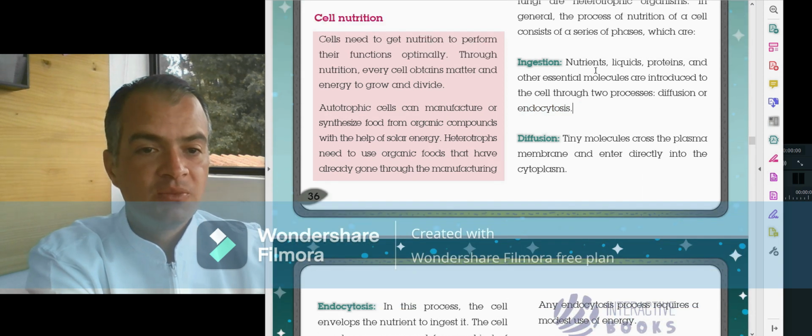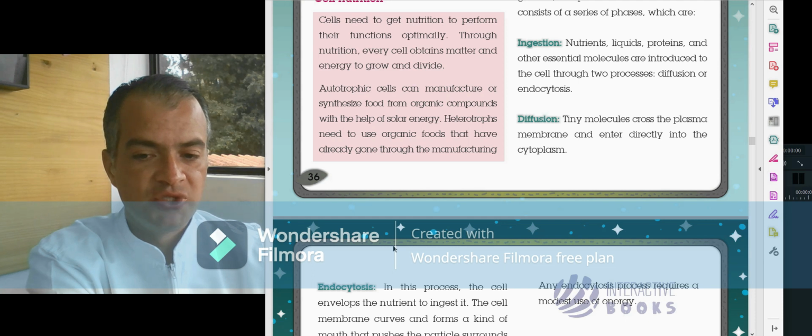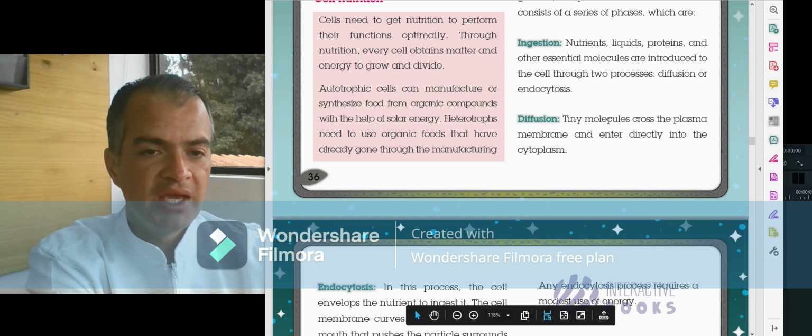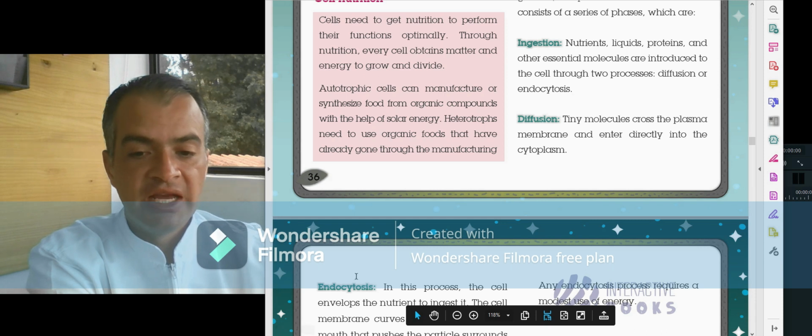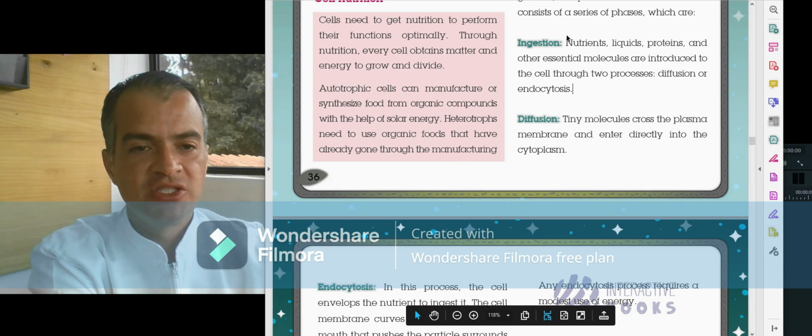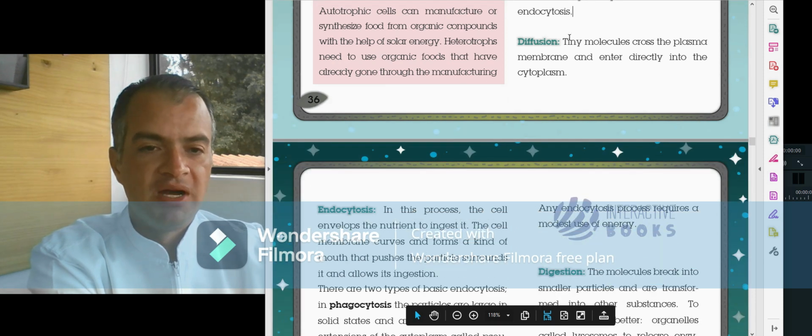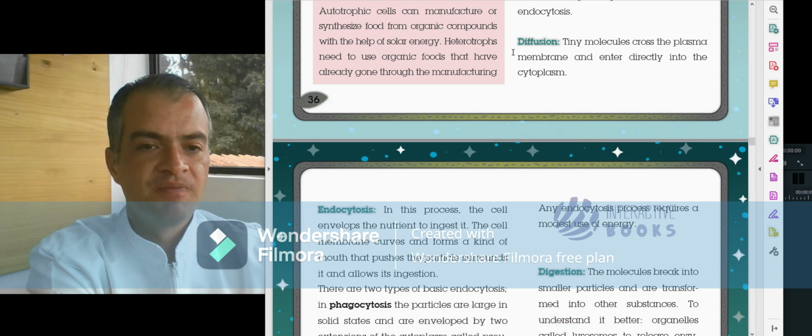Cuando estamos hablando de los pasos dije ingestión, pero no hablé de difusión ni endocitosis. ¿Por qué? Porque diffusion and endocytosis are two types of ingestion. Porque la difusión y la endocitosis son dos tipos de ingestión. Entonces vamos a ver estos dos tipos de ingestión.